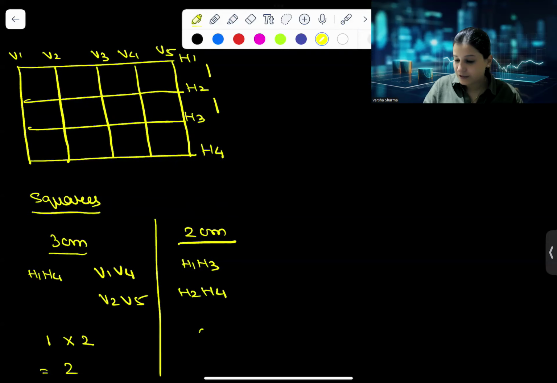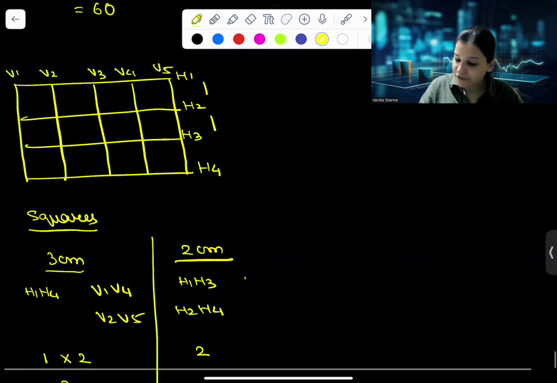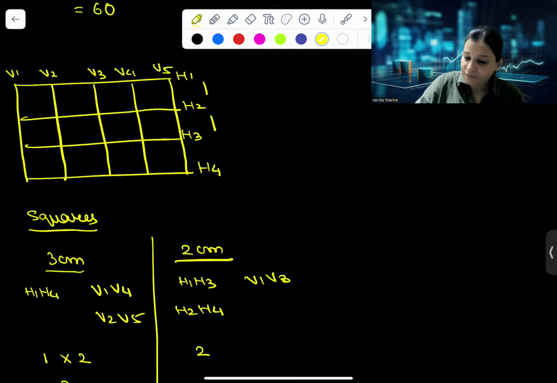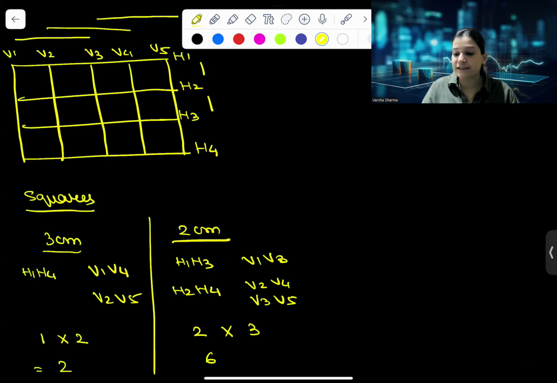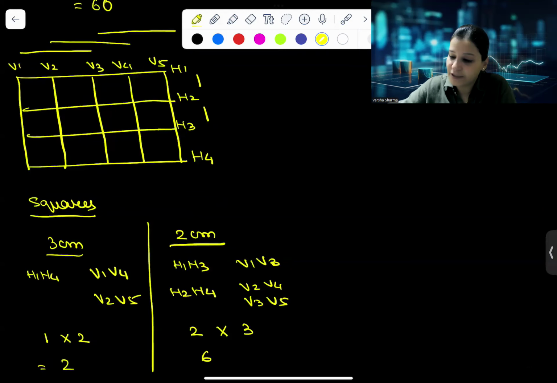Vertically, I'll have V1, V3, V2, V4, V3, V5, each 2 centimeter. So total 3 vertical possibilities. So in total, 2 into 3, 6 squares of length 2 centimeter.